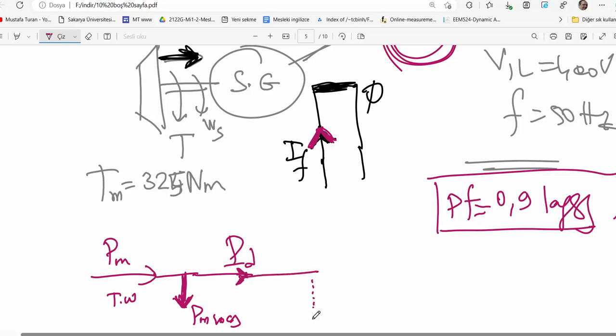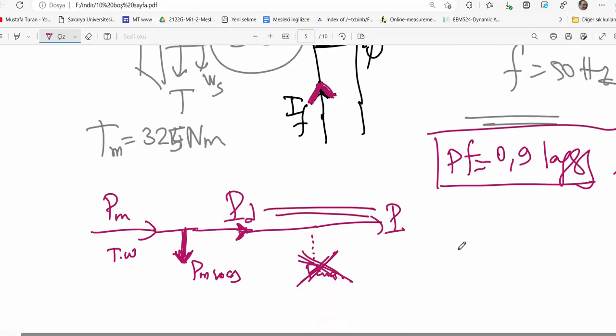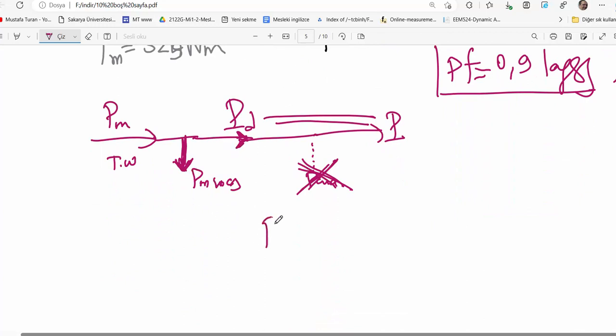Then here would be some copper losses, but since no armature resistance is given, it is neglected. There is no copper loss, so here's the electrical output. Those two parameters are equal, so let's write: electrical output is equal to converted power, and it is also equal to the mechanical input power minus mechanical losses.